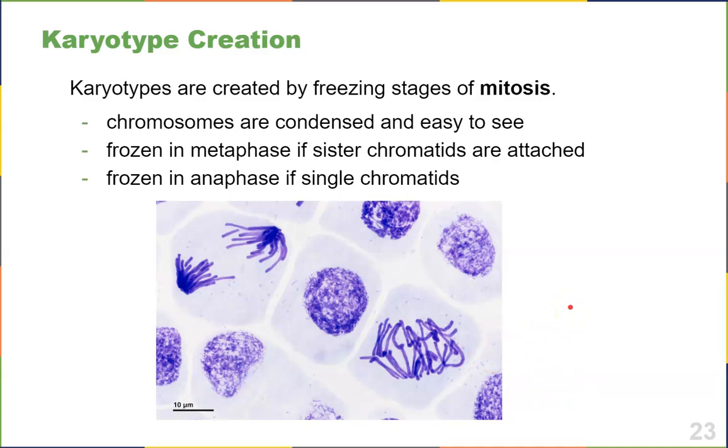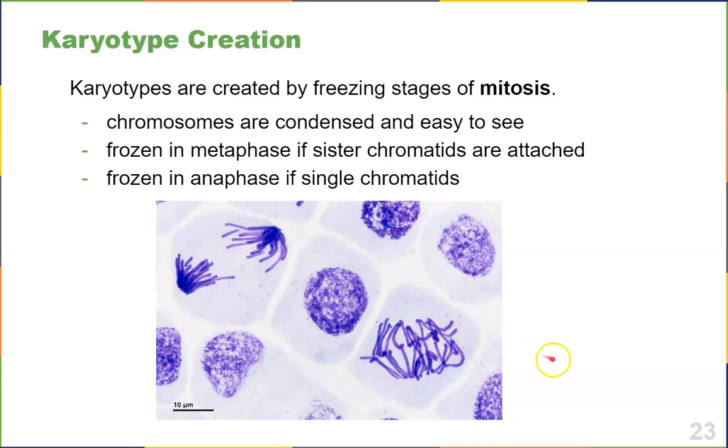They freeze it during mitosis because chromosomes are really condensed and really easy to see. If they froze them during interphase, it would be really hard to make out the chromosomes because they're all unraveled. But during mitosis, they're so condensed for cell division, they can look at them pretty easily and figure out what chromosomes are there.